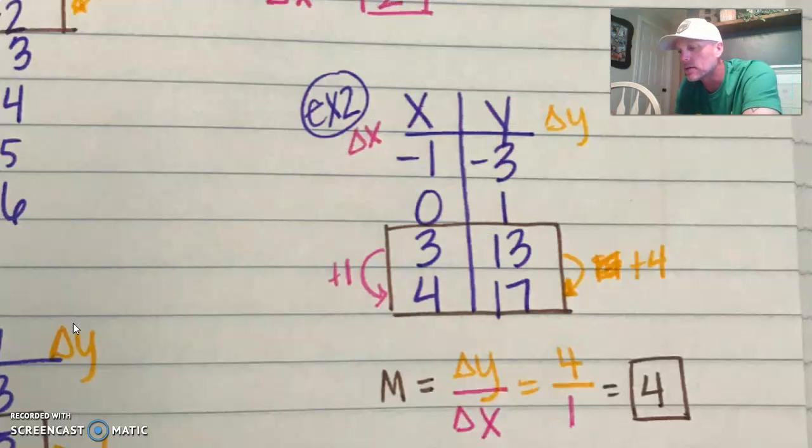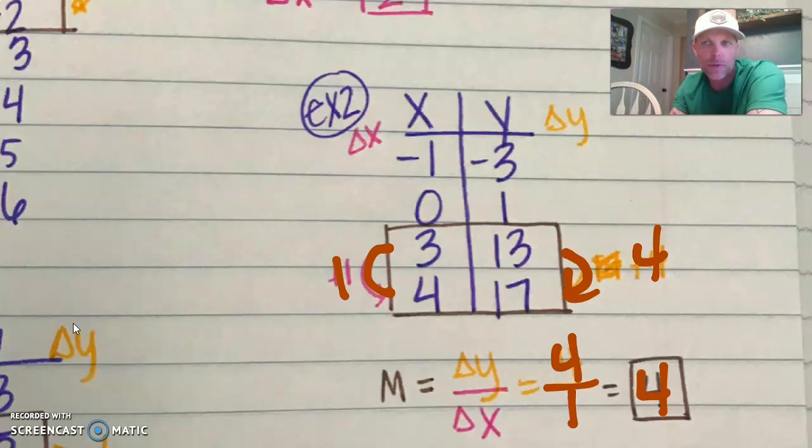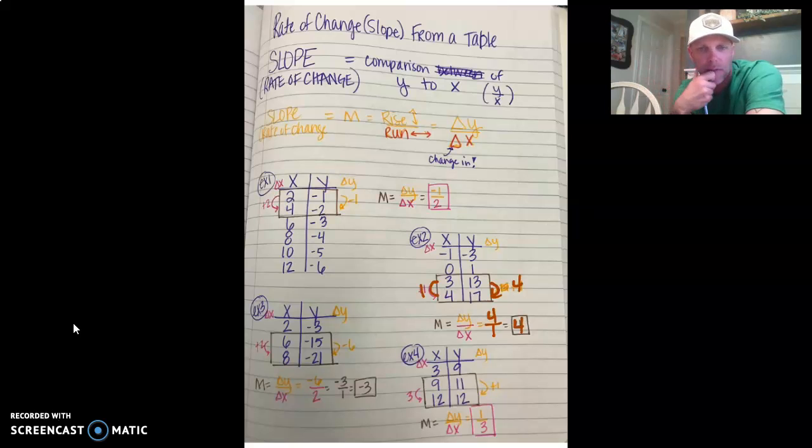So let's look right here. Example 2. The change in y, vertical, is 4, and the change in x, horizontal, is 1. So the change in y is 4, change in x is 1, and 4 over 1 is just 4. Okay. Go ahead and write down the next two and just kind of see what you think as well.